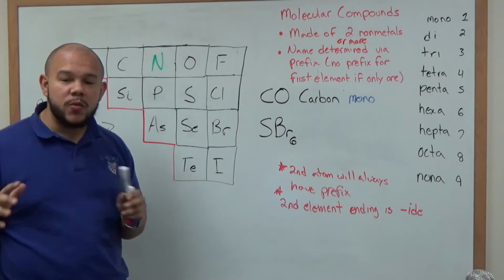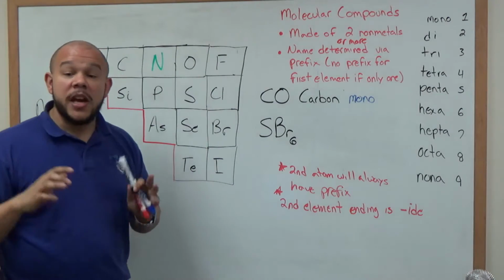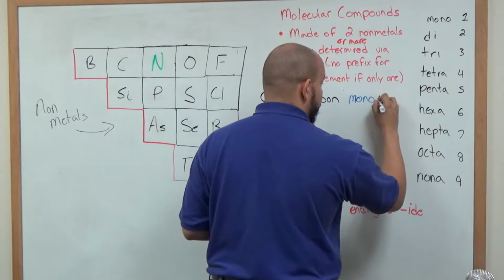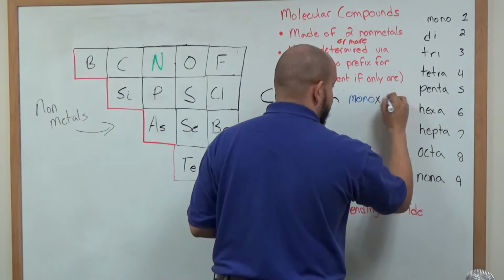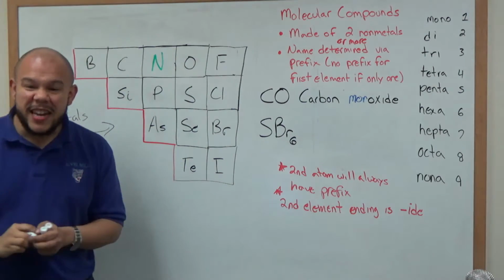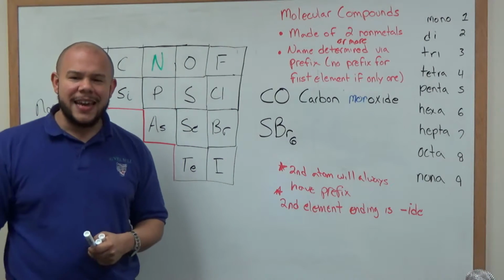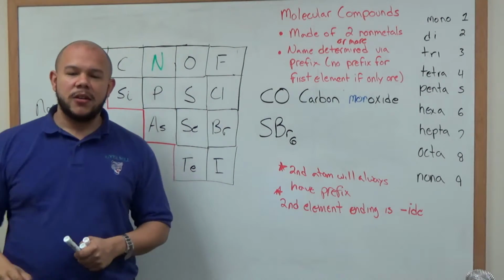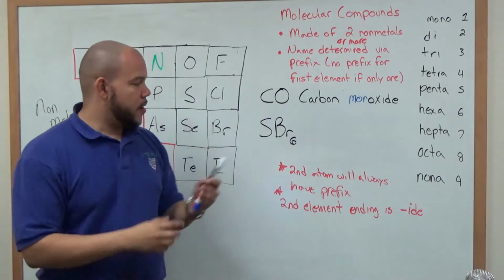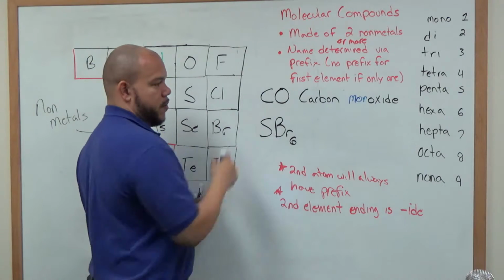So for oxygen, which is a little bit of an exception, it still has IDE on the end, but it's oxide. It is not carbon monooxide, it's carbon monoxide. We don't have 2 O's side by side. So carbon monoxide, because there's only a 1 here.